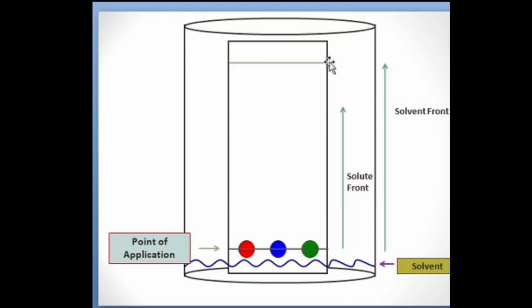Then you mark that end where the paper is wet, drawing a line with a pencil. From the point of application to the end where the solvent has passed, that is the solvent front. And from the point of application of the sample till wherever the stained sample is located, that is the solute front.